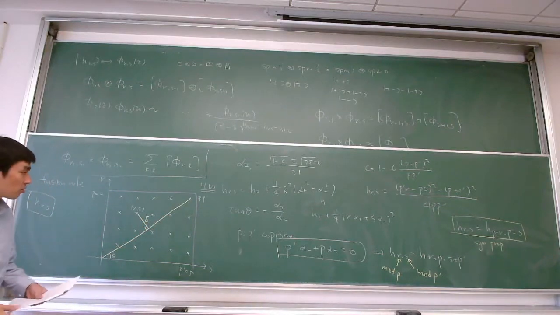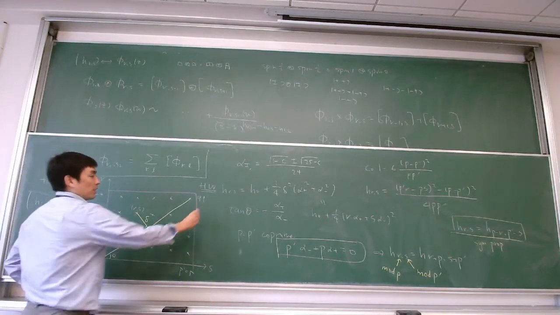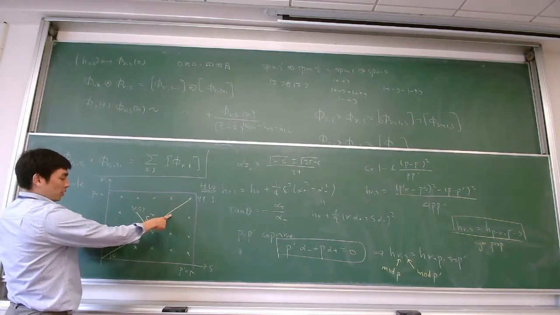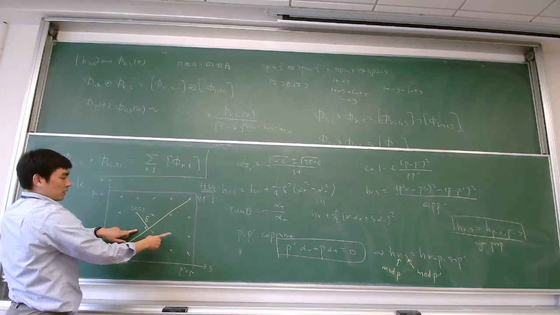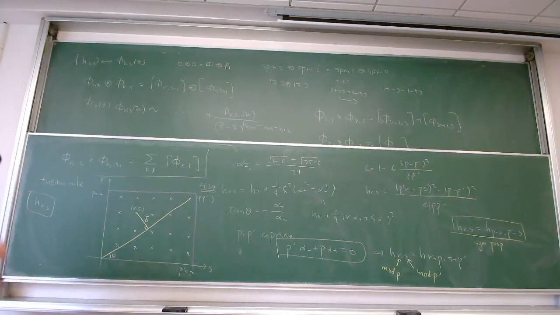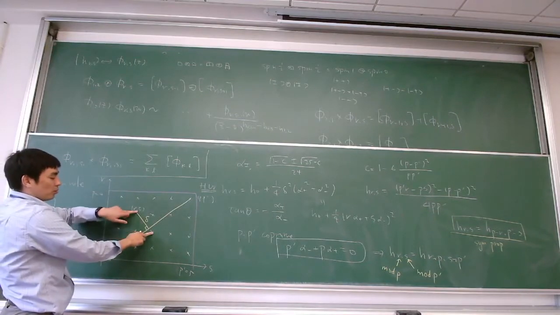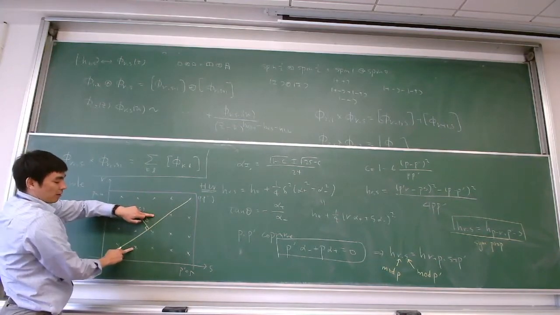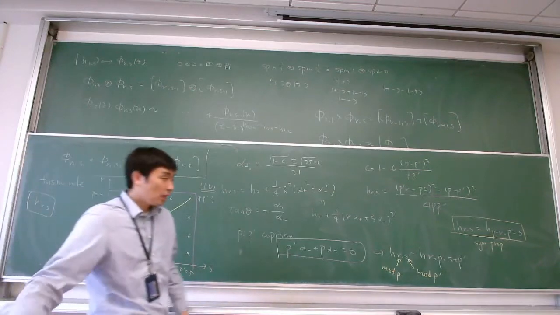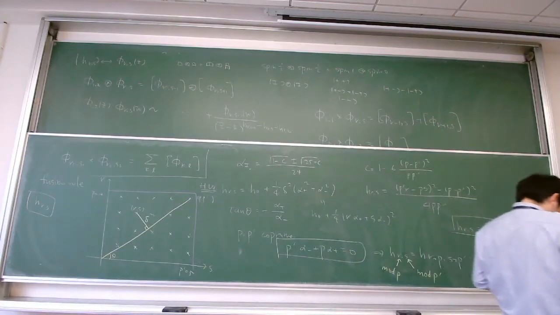This point is the same as this point, and this point is the same as this point. So you can just identify them, this point with this point, and so on. That's the symmetry property.